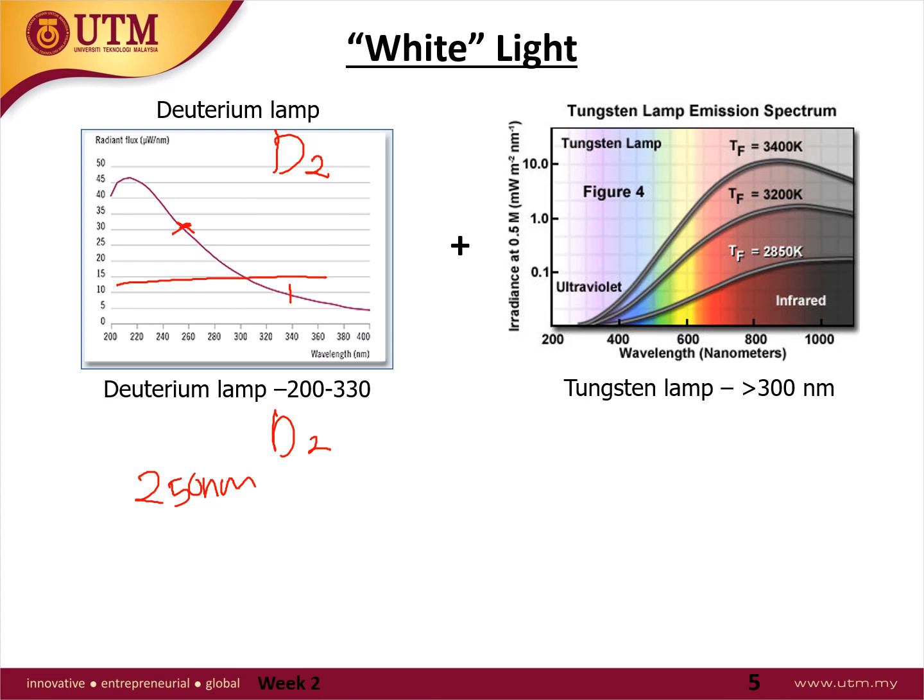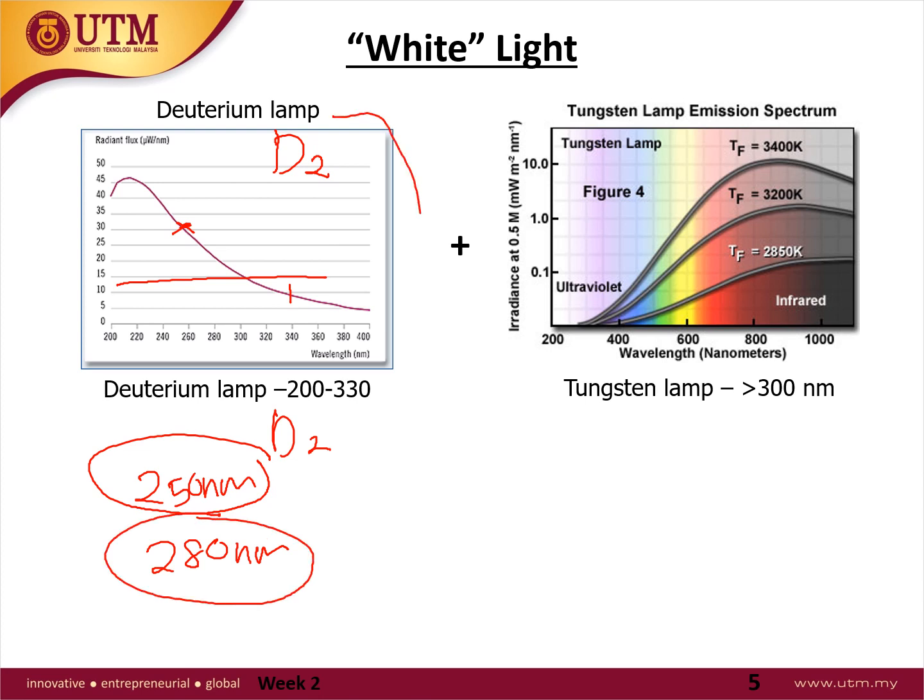If your sample can be detected at 2 wavelengths, for example between 250 and maybe 280, you choose 250 as your primary wavelength for detection compared to 280, because the D2 lamp will give lower radiant flux at that wavelength compared to 250.